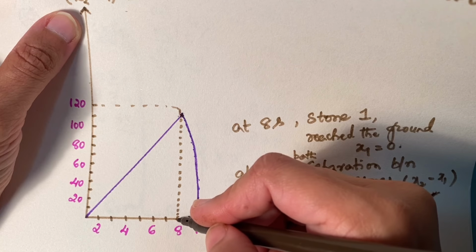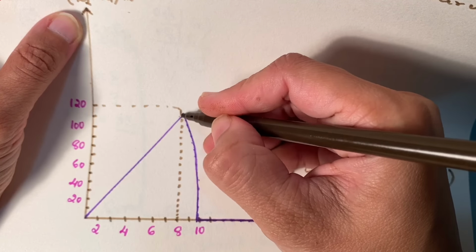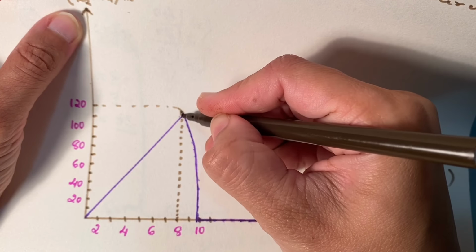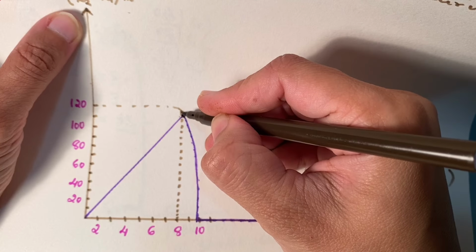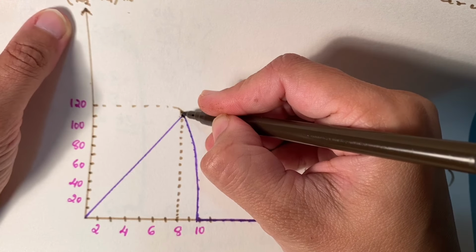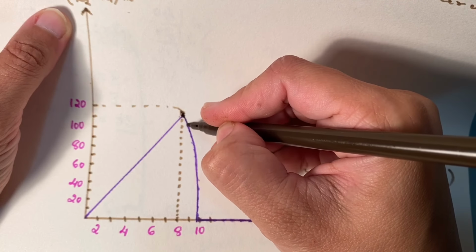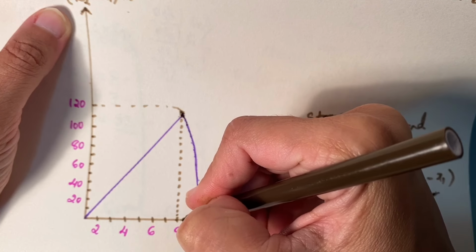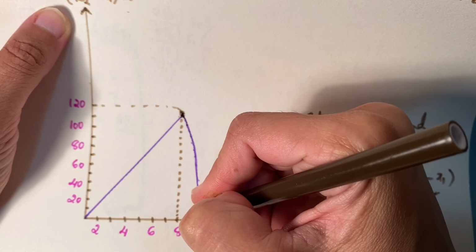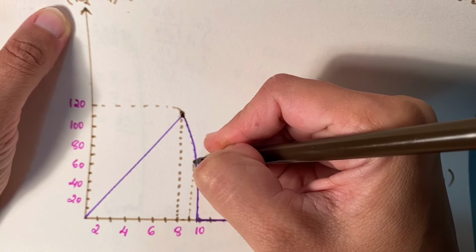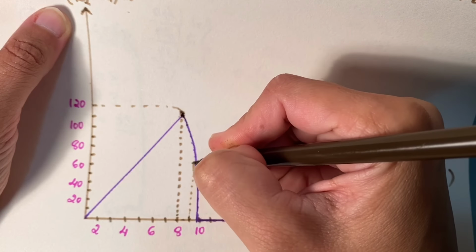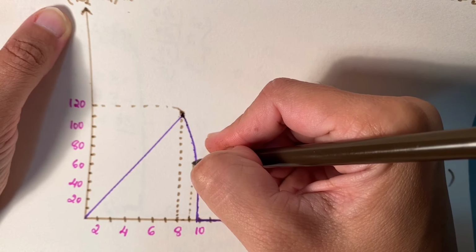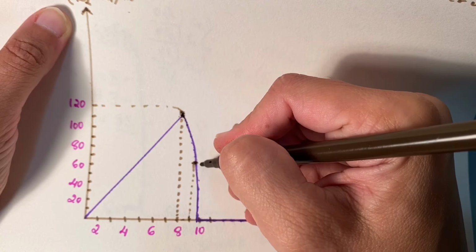So it was at 120 meters at 8 seconds. The distance between stone 1 and stone 2 was 120 meters. You see the gradual change at 8.1, 8.2, 8.5 seconds, 9th second. At the 9th second, the distance between stone 1 and stone 2 is reduced because stone 2 is approaching the ground.